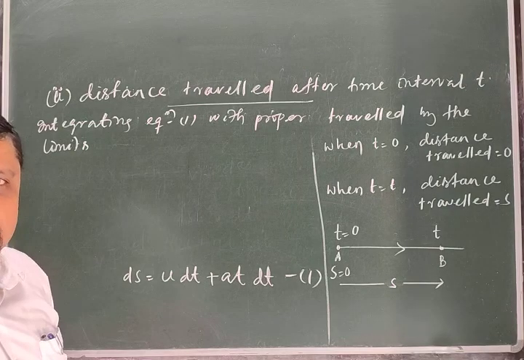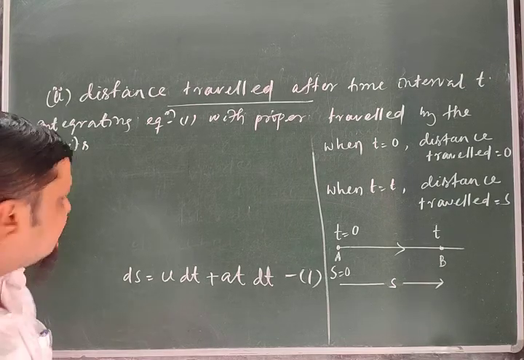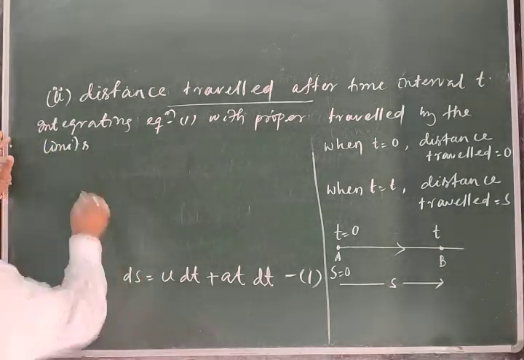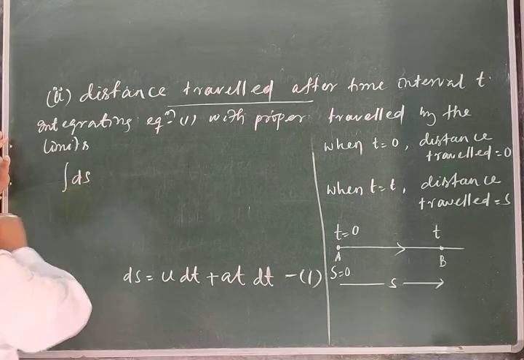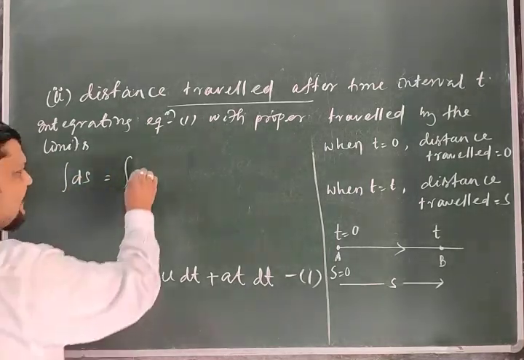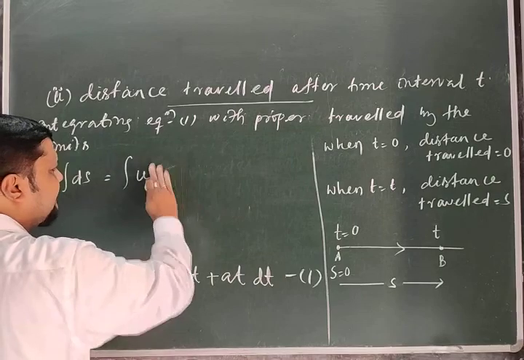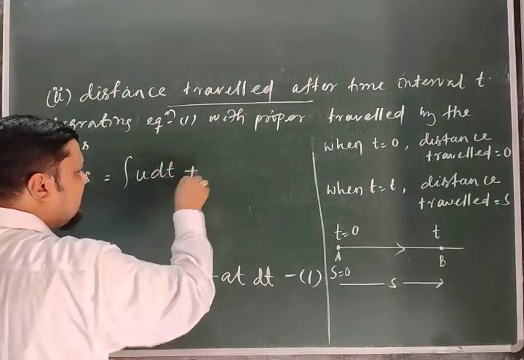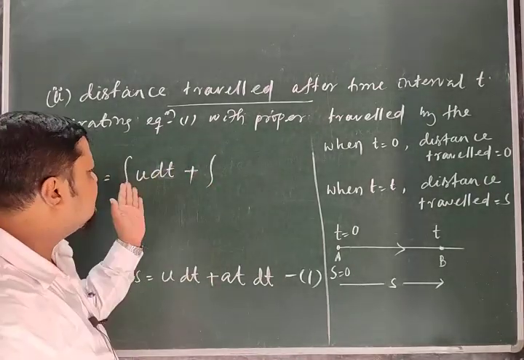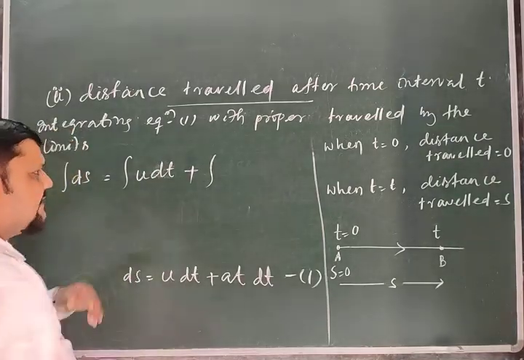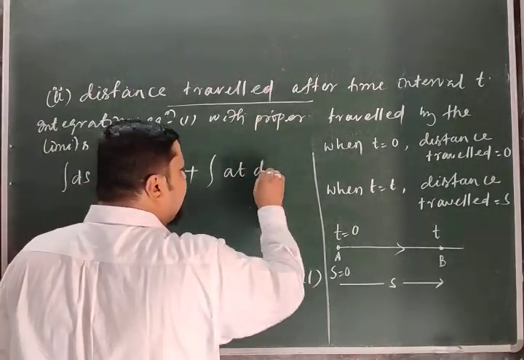Okay? Integrating both sides with the proper limits. Now with proper limits, integration of ds, then integration of u dt, plus integration of a t dt, integration by parts.